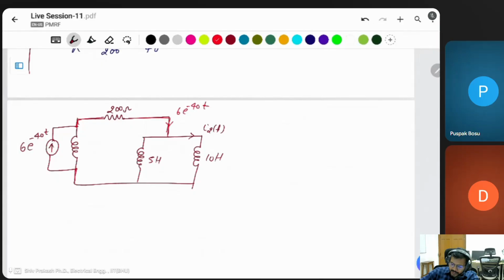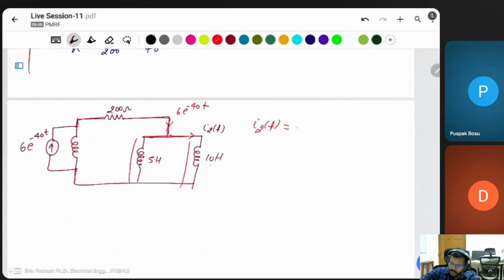Then this is divided into two parts, because both are connected in parallel, so simply you can apply the current divider rule for I2. The current divider for inductors and resistors is the same. That is 5 Henry, 10 Henry.